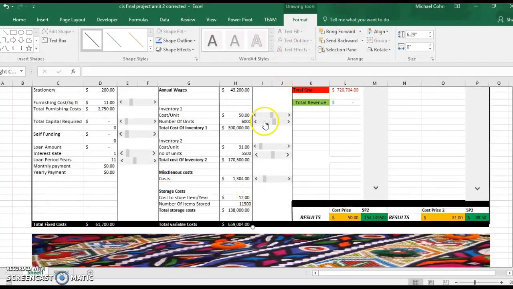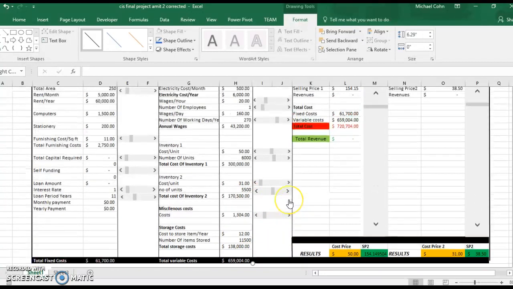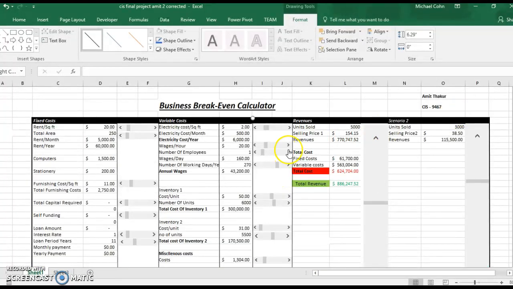So if you have a total inventory of 11,500 units, that's 6,000 plus 5,500, the total storage costs will be around $138,000 a year. Now let's move over to the revenue section.